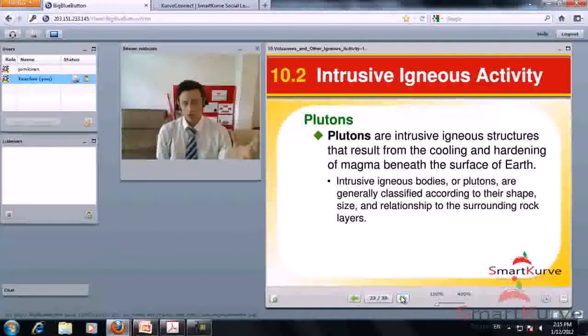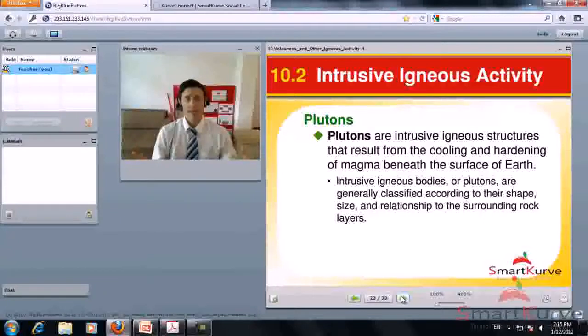Remember, our intrusive igneous rocks are the rocks that form when that hot liquid magma cools and freezes and hardens into rock inside the earth. That's intrusive. Remember, when the lava erupts and it cools and freezes and hardens outside on the surface of the earth, that's called extrusive. Here with plutons, we're talking about rock formations from intrusive lava.